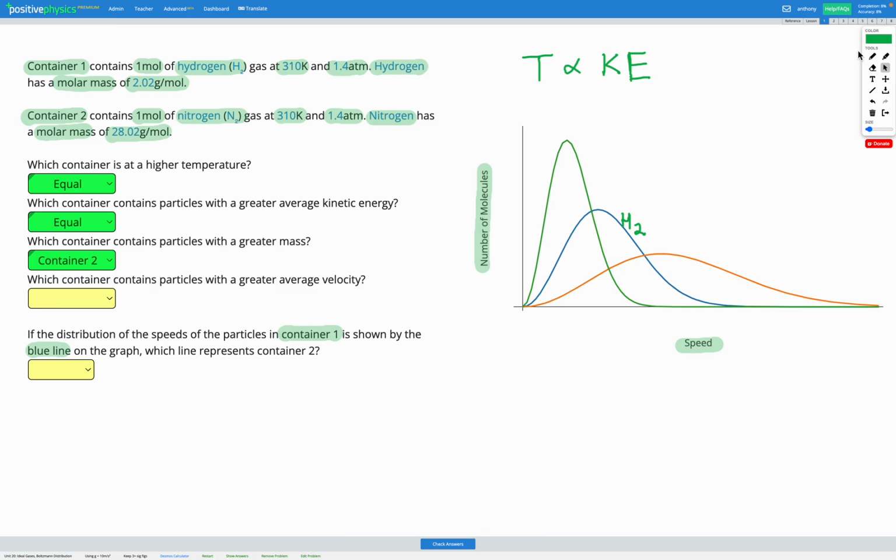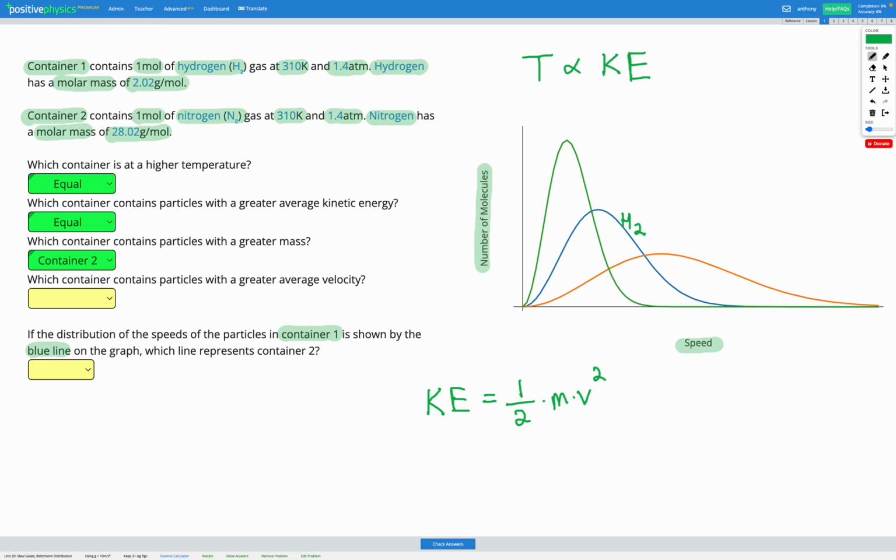Okay. So now let's think about what kinetic energy means. Kinetic energy is to do with both the mass of our particles and the velocity or the speed. The equation for kinetic energy is half mv squared, half times the mass times the velocity squared. So both mass and velocity affect kinetic energy.